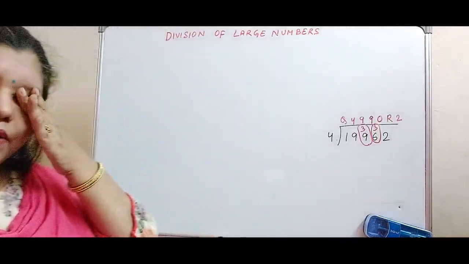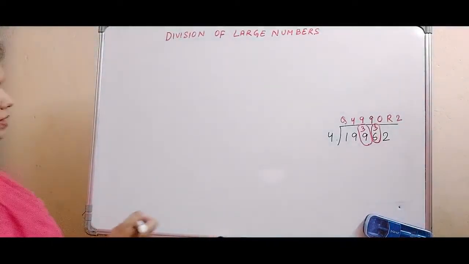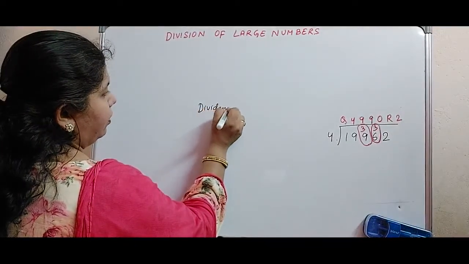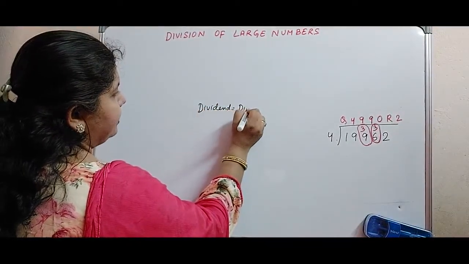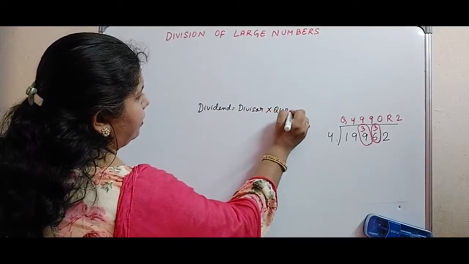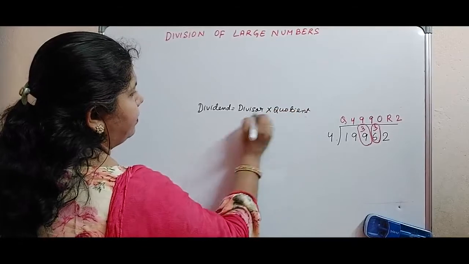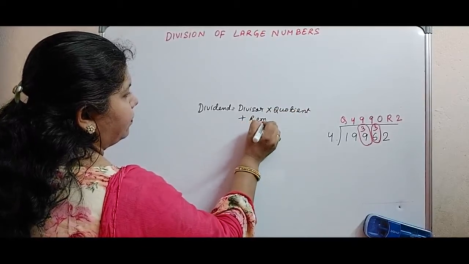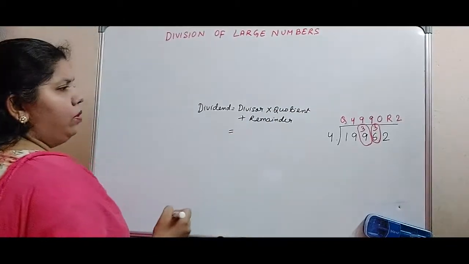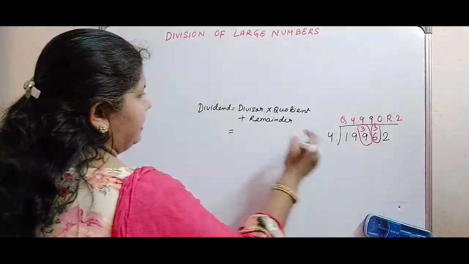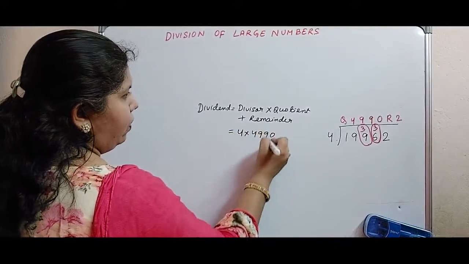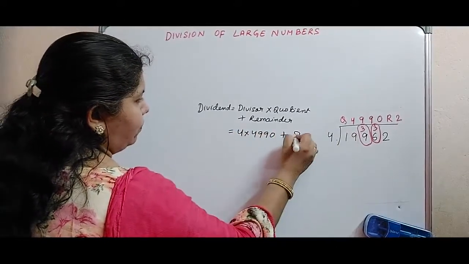For that we use the formula: dividend equals divisor into quotient plus remainder. So our divisor is 4, quotient is 4990 and our remainder is 2.